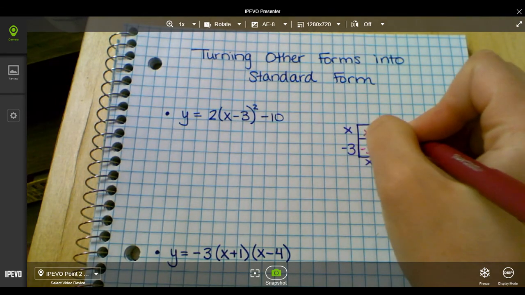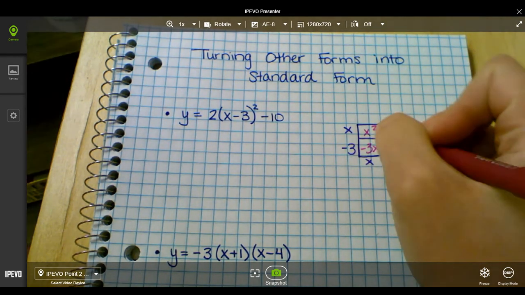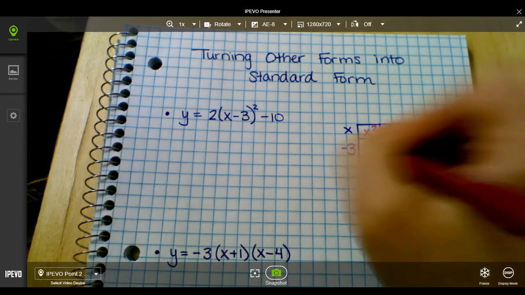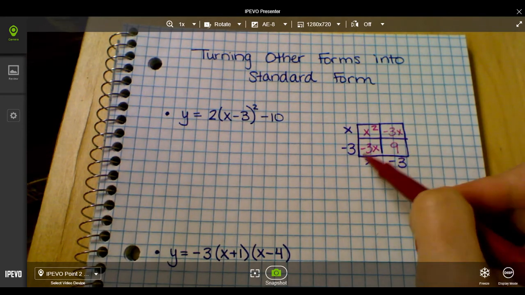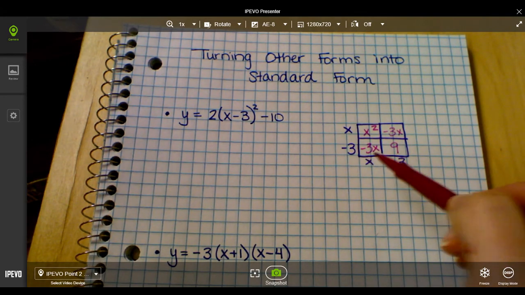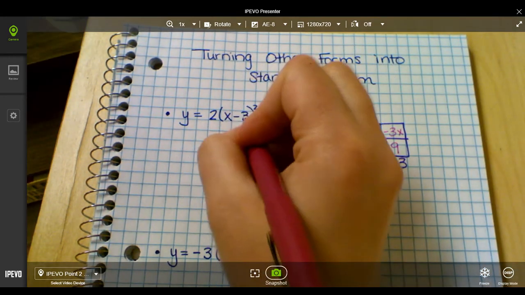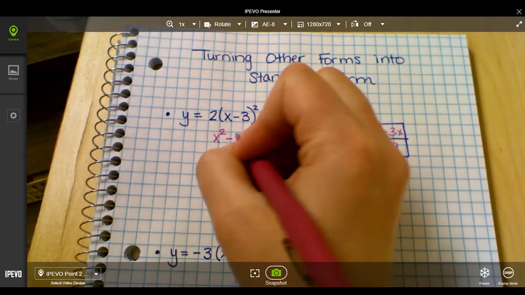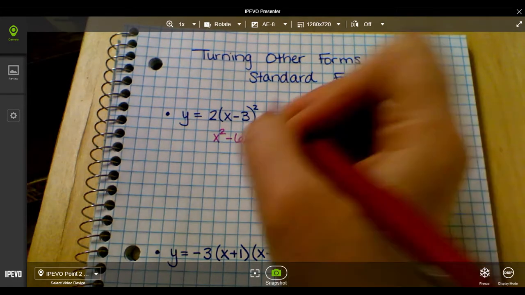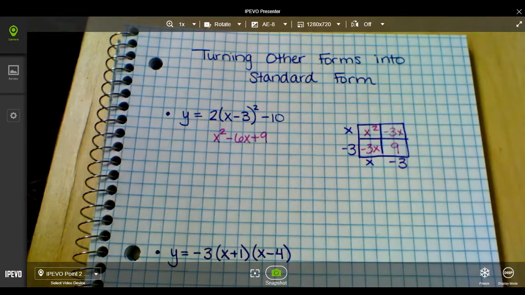I'm going to have another one up here. And then negative 3 times negative 3 is always a positive. Whenever you're squaring something, that constant term is always going to be a positive. And whenever you're squaring a binomial, these two middle terms, when you go to combine like terms, are always going to match. So now x minus 3 squared is turning into x squared, combine like terms to get negative 6x, and then plus 9.